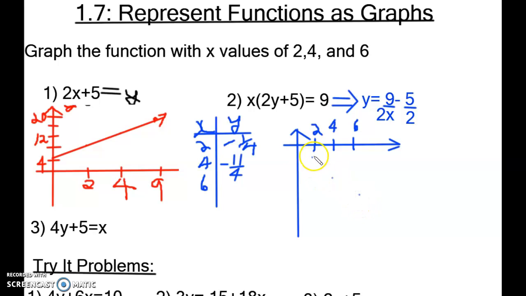Not sure, right there. So your equation would look something like that. Exactly that, but most likely like this. So that would be pretty close to your equation.